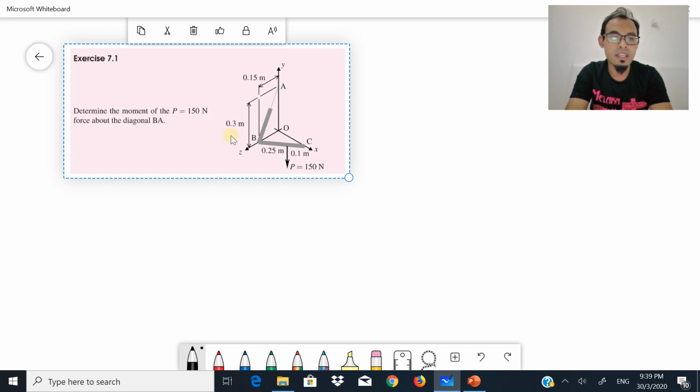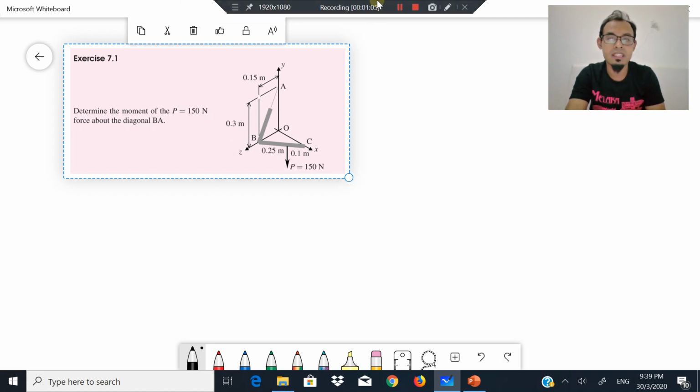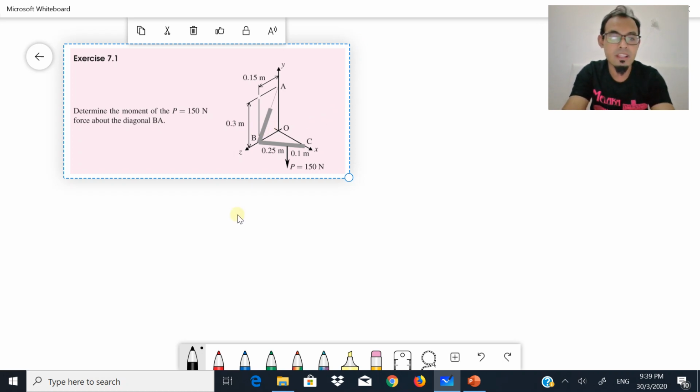Referring to this exercise, determine the moment of the force P, which is 150 Newton, first about the diagonal BA. So what is our equation? Remember, BA, not AB.